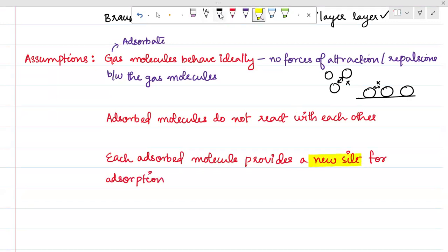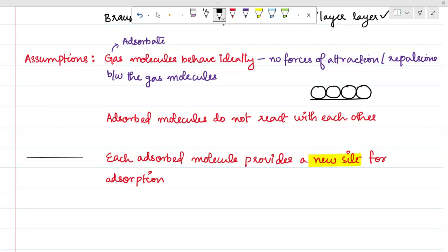Earlier, the assumption was that if you had a particular layer of adsorbent surface, it was capable of forming a monolayer only. But now what they're saying is, if you have a surface, the surface will have, let's say, 1, 2, 3 active sites. Upon these active sites, the adsorbate molecules can come. Apart from that, on top of this gaseous molecule itself, another gaseous molecule can come and attach.